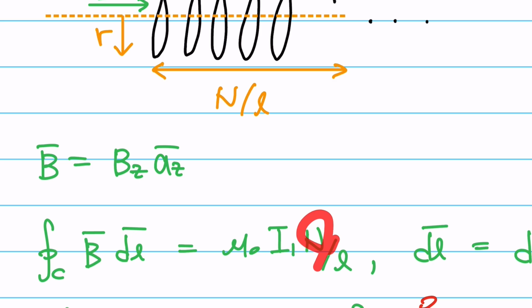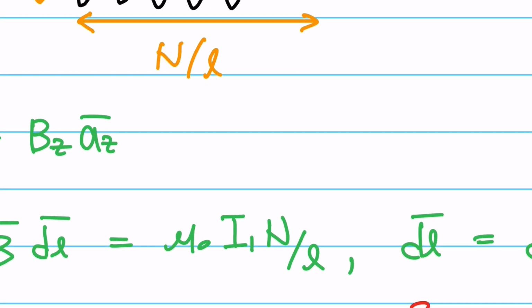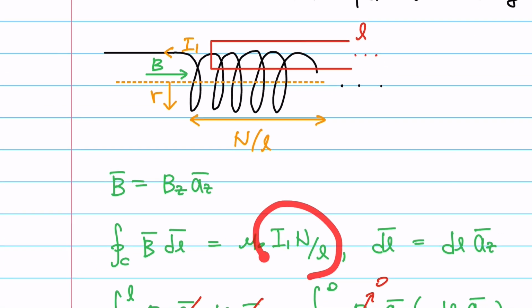This is an infinitely long solenoid, so we can only express the number of loops per length. Anyway, the enclosed amount is this, and you need to multiply it with mu zero, mu naught, because it's air.